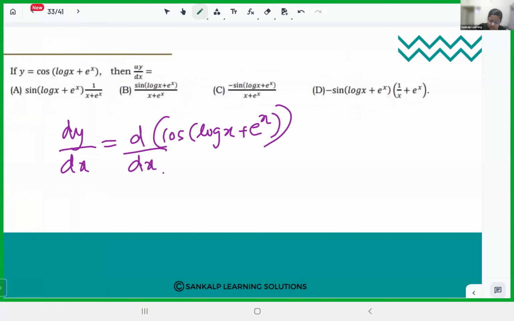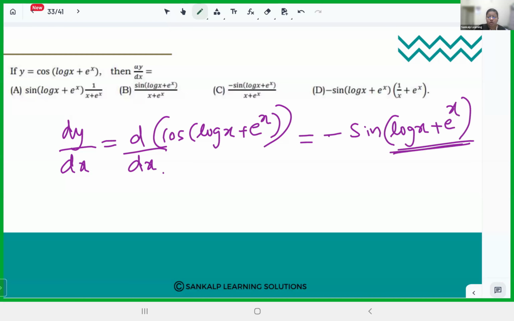So how will you find the derivative? The base function is cos x, so the derivative is minus sine of, in the place of x, log x plus e raised x. Now we have assumed log x plus e raised x as the x value, so you have to multiply the derivative of that also, right?